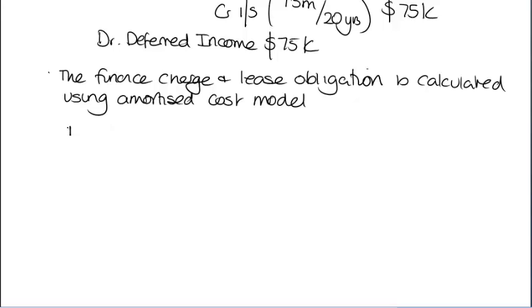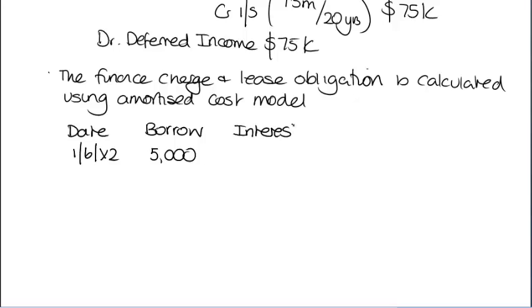So what are we going to do? Well, date 1st of June X2. How much have we borrowed? We've established that our financial liability is 5 million. Repayments are at the end of each year, so we're going to calculate interest. Interest is going to be 7%. We're told that in the question, which is 350.